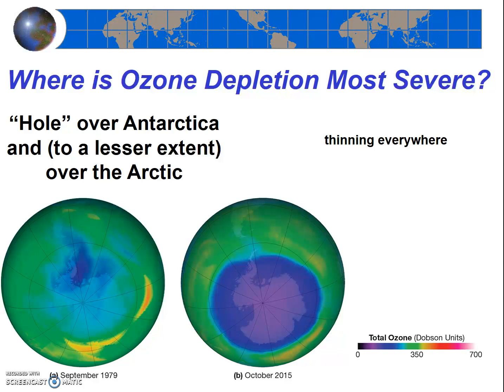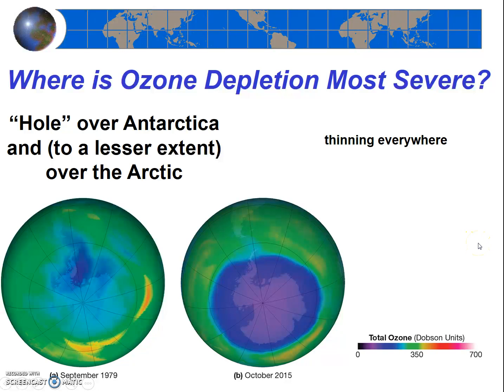Thus we get an ozone hole phenomena, a region of extreme ozone depletion, over the Antarctic each spring as that cloud ice is melting. Over the year, this low ozone air mixes globally, thus thinning ozone everywhere.